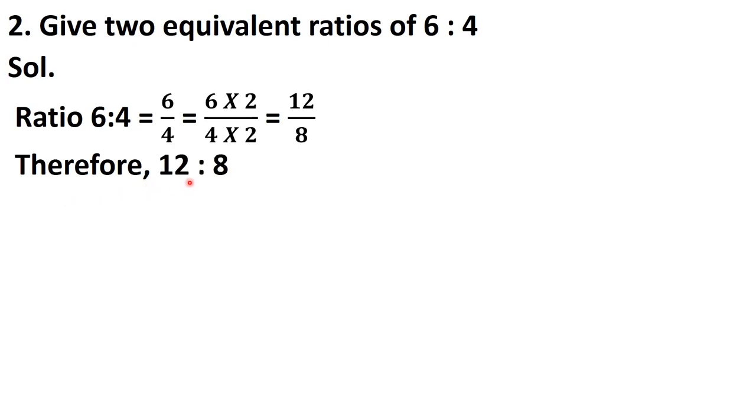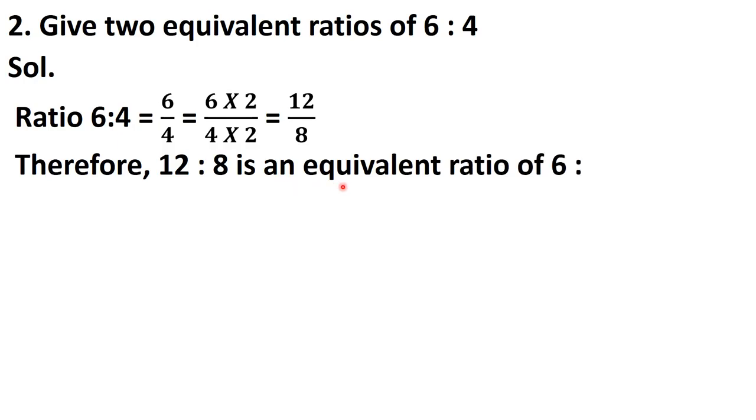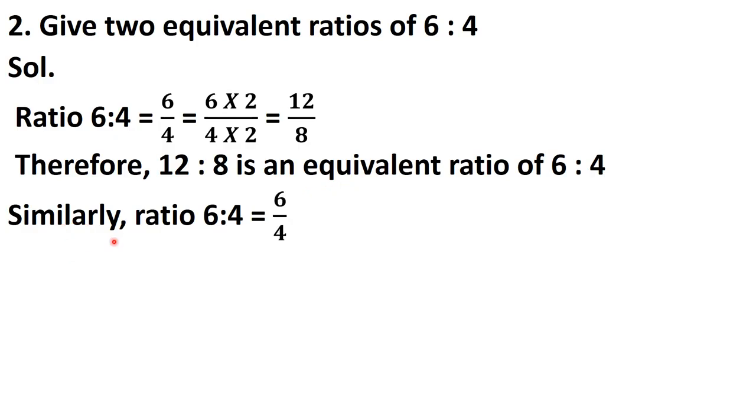Therefore 12:8 is equivalent to 6:4. This is the equivalent. Now we can get another equivalent ratio by dividing. Similarly, ratio 6:4 equals 6 divided by 2 and 4 divided by 2, which is equal to 3/2.